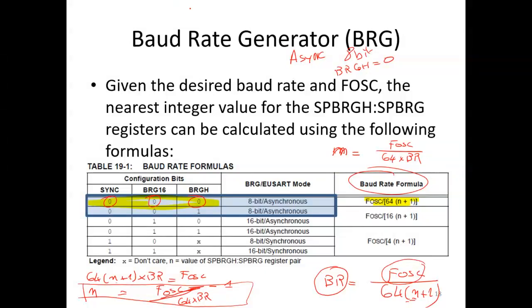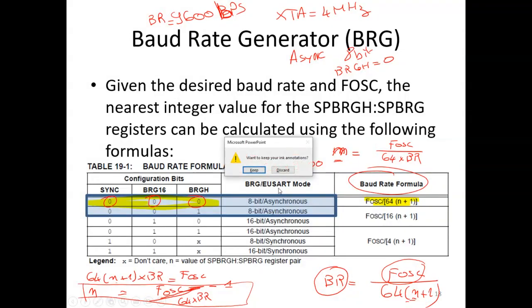Okay, so let's suppose that here we have a speed of 9600 bits per second. So it should be a small b for bit, not white. This is the baud rate. And let's suppose that our crystal frequency equals 4 megahertz. In that case, we can calculate the value of n. The value of n here will be the frequency of the oscillator, 4 multiplied by 10 to the power of 6, divided by 64 multiplied by the baud rate, which is 9600.